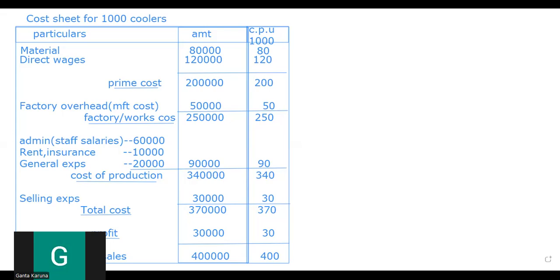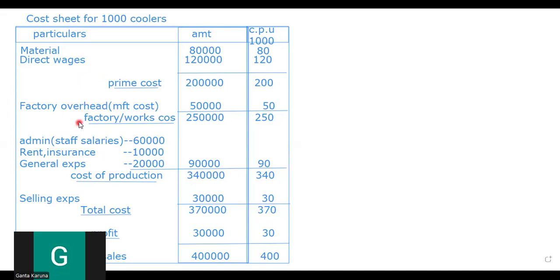Then manufacturing cost will rise in proportion to the combined cost of material and wages, is it? So manufacturing cost means this one. Until now we were calculating factory expenses directly on one value, wages.